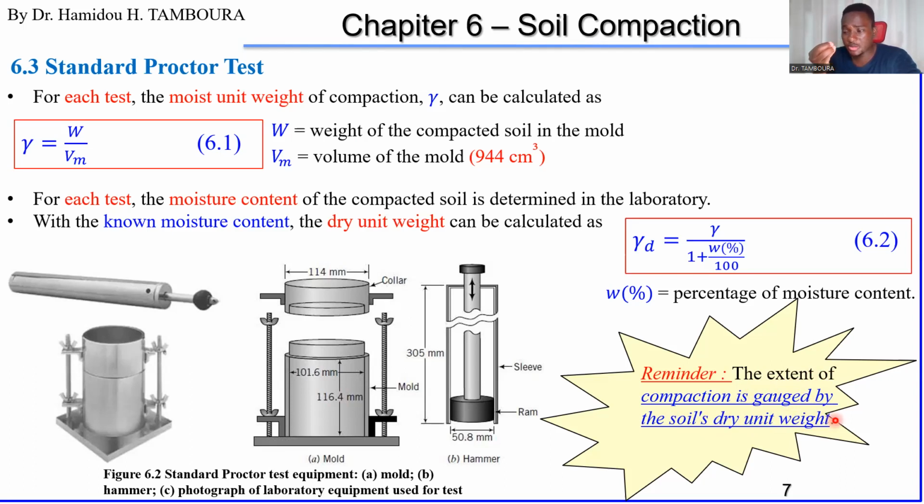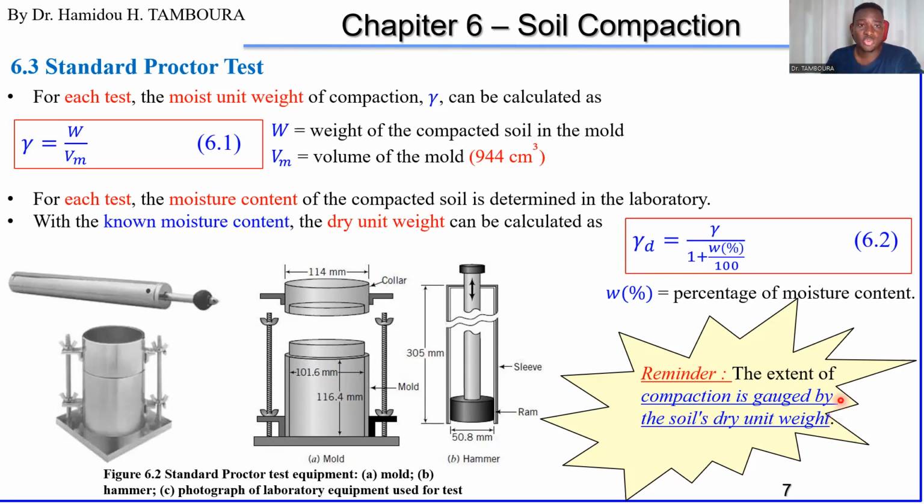We can judge if the compaction is good enough by using the dry unit weight. Actually, it's the dry unit weight that is used to judge if the compaction is well done or not. So just to make you realize the importance of the dry unit weight here, please remember that.